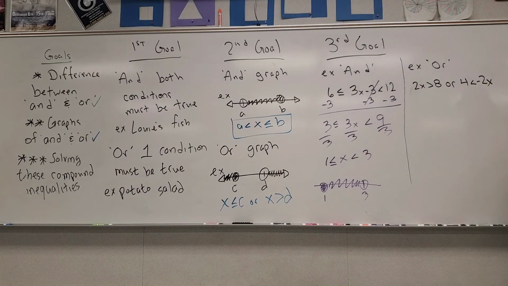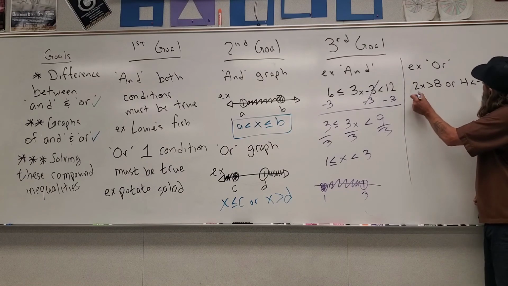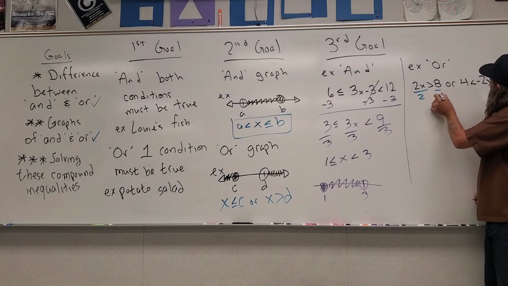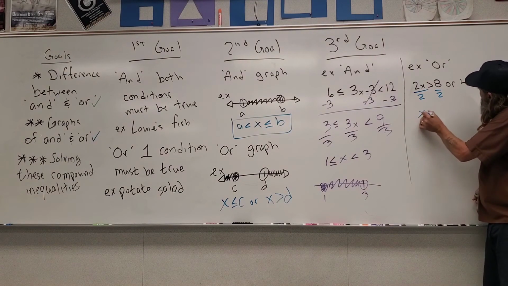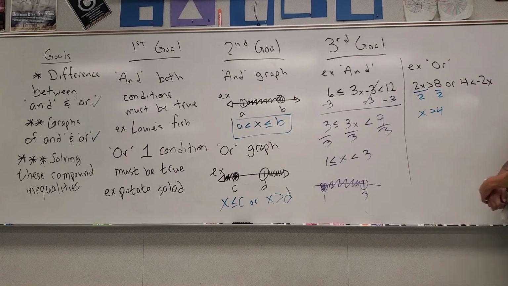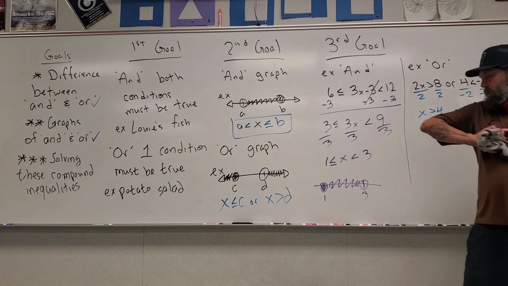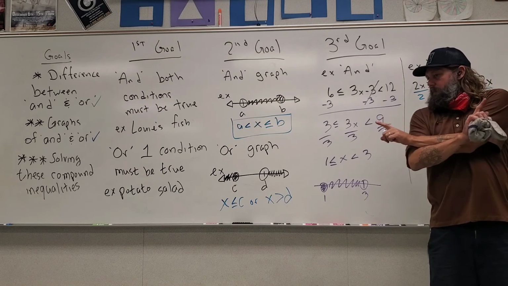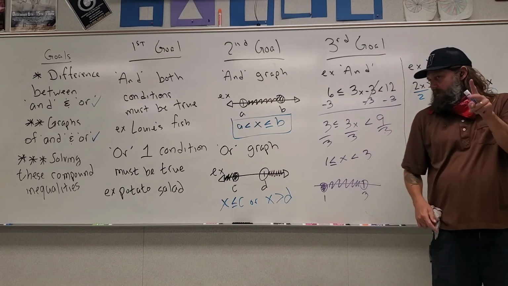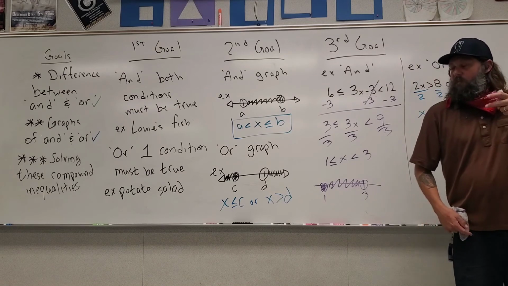So let's see here. The first compound inequality, I just solve very simply by dividing by 2, and we get the shading is right of 4. The second compound inequality, I divide by negative 2. Now remember, when we divide by a negative, we're changing the position of the numbers, so I have to change the description of them.